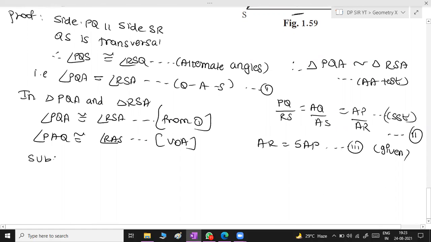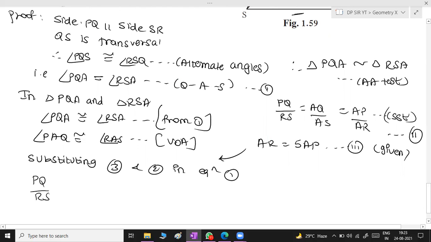Now do the substituting part. Substituting, मतलब मैं इधर से इधर जा रहा हूँ, people get confused. Substituting 3 and 2 in equation 1, what I am going to get here, PQ upon RS या SR लिखो, एक ही बात है, PQ upon SR is equal to AQ upon AS is equal to AP upon 5 times AP.